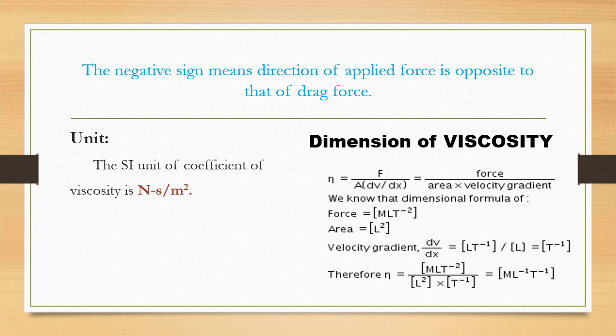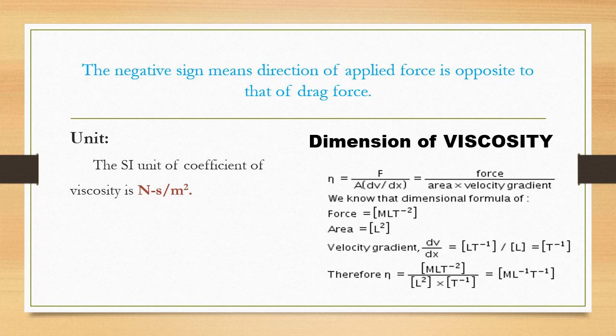For finding out the unit of the coefficient of viscosity, we write eta is equal to F over A into dv over dx. We have represented dx by dy, so it is force over area into velocity gradient, dv over dx or dv over dy. That is called the velocity gradient.